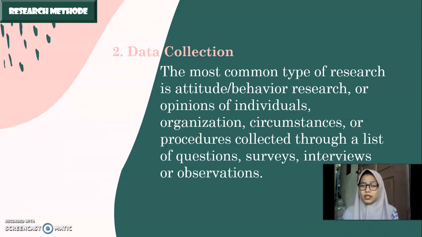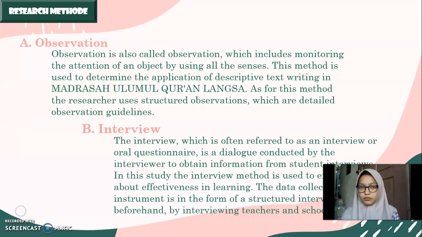And then data collection. The most common type of research is attitude or behavior research or opinions of individuals, organization, circumstance, or procedure. Collect a list of questions, surveys, interviews, or observation. And then observation.